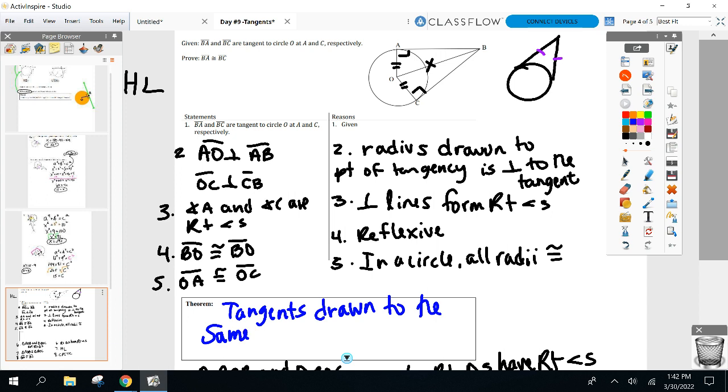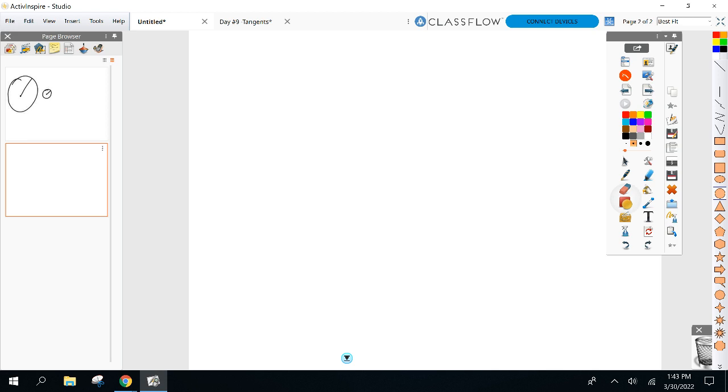Where does that point have to be? Somewhere outside the circle. Tangents drawn to the same external point are congruent. There's your second theorem. And also, just a little way to remember it, a lot of kids always view it this way.